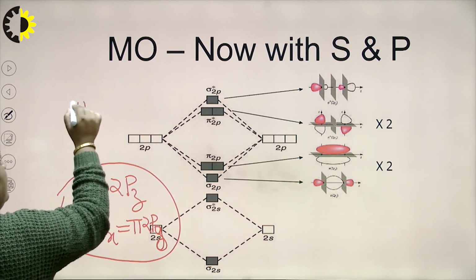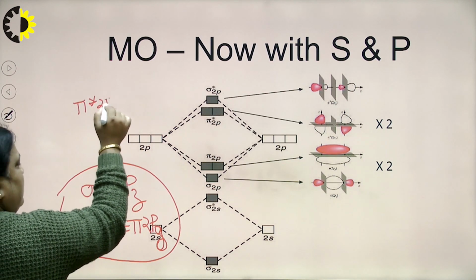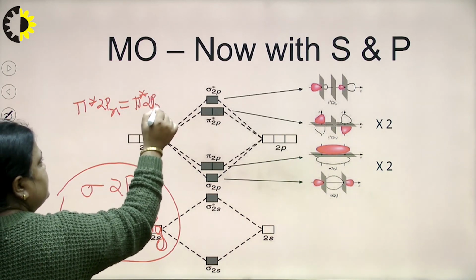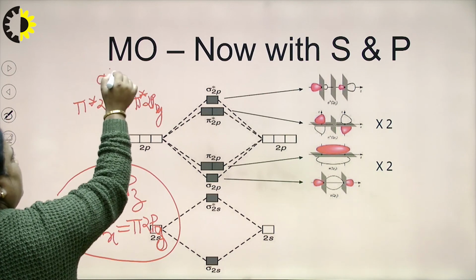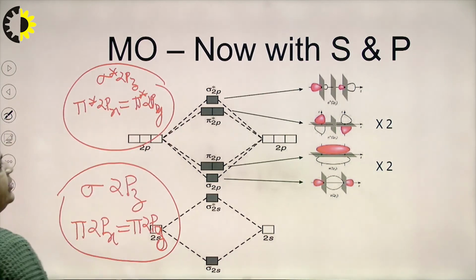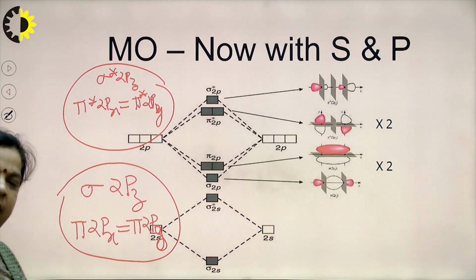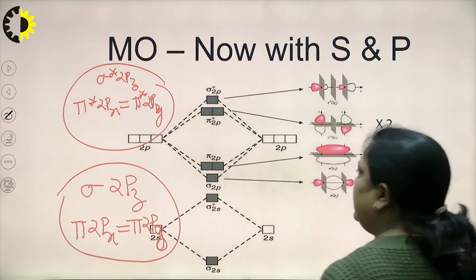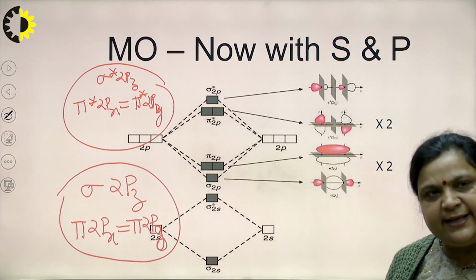The other three are pi star 2py and pi star 2px, and last sigma star 2pz. These three have higher energy and are termed antibonding molecular orbitals. How to write the configuration and draw it, I will explain in the next lecture.